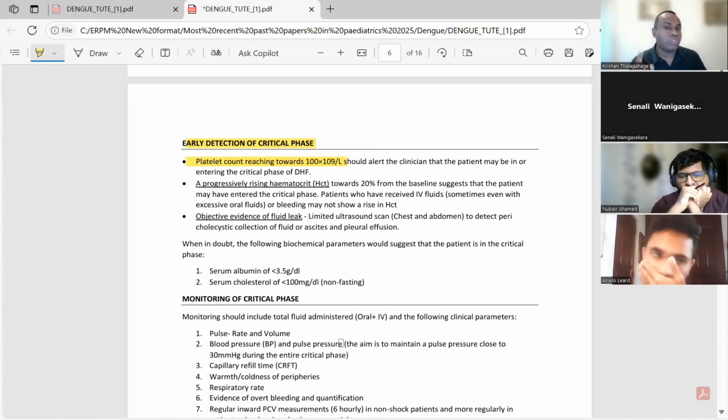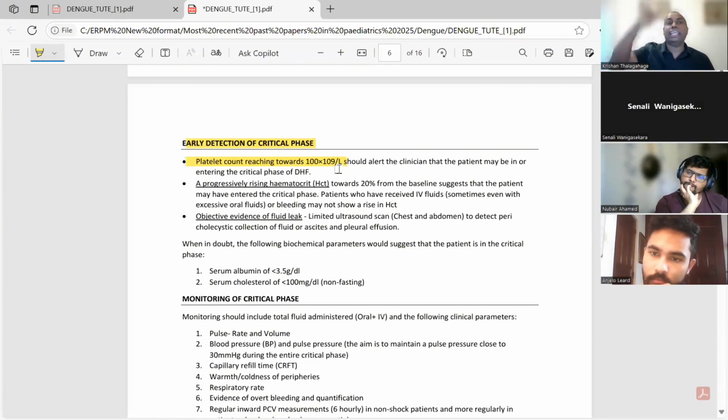And full blood count will usually show the platelet count falling below 100,000. Hematocrit will further increase, if it is more than 20% of the baseline value, then you know that the child is leaking.